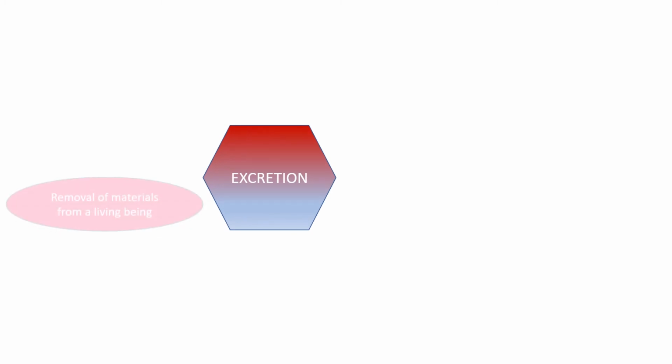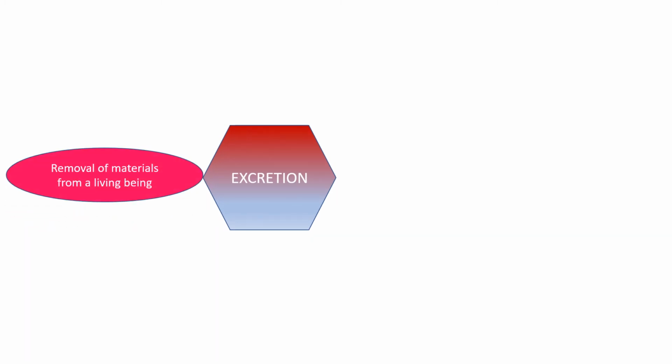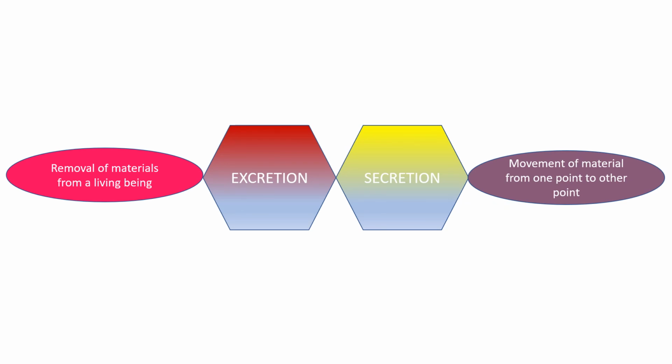Let us learn about excretion and secretion. Excretion is the removal of materials from a living being, while secretion is the movement of materials from one point to another point. Excretion is passive in nature, secretion is active in nature.